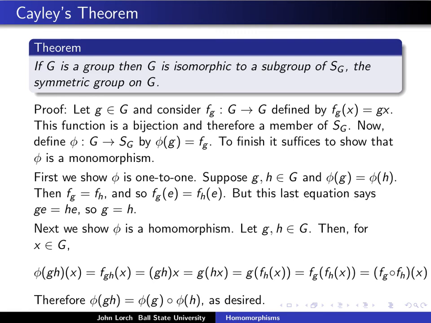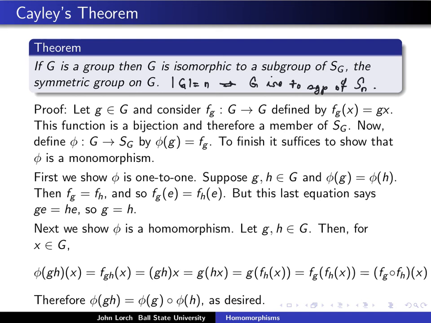Now, in terms of finite groups, what this says is that if the order of G is n, then G is isomorphic to a subgroup of the symmetric group S_n.